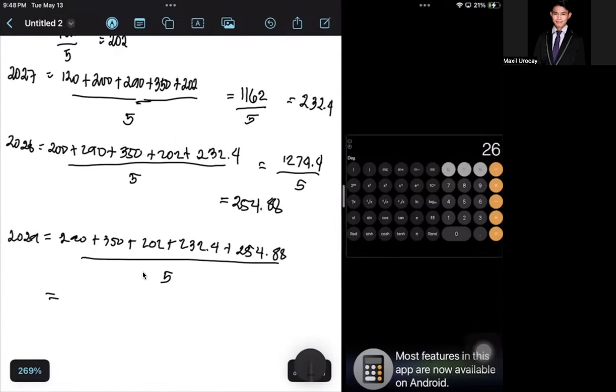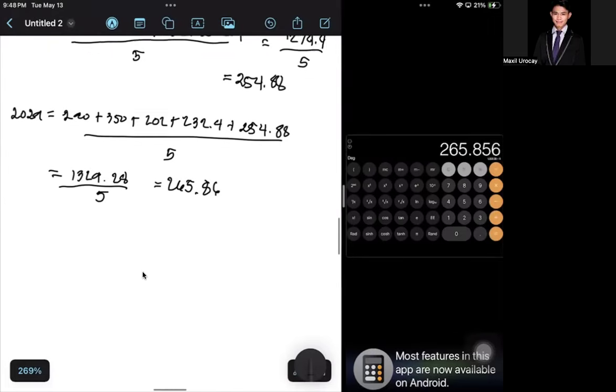And definitely that is 1,329.20 divided by 5. So definitely 265.86.